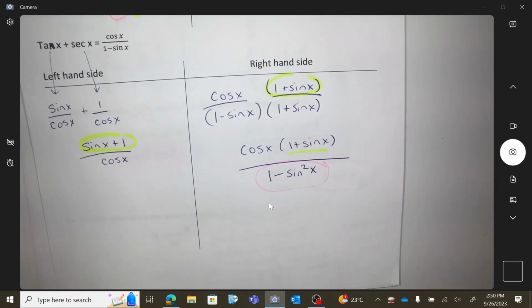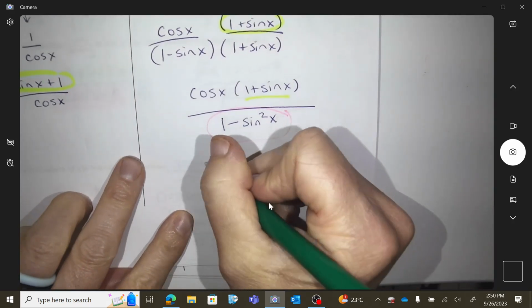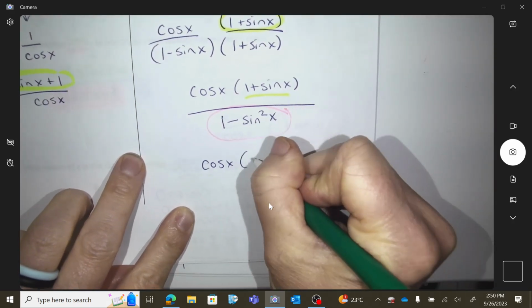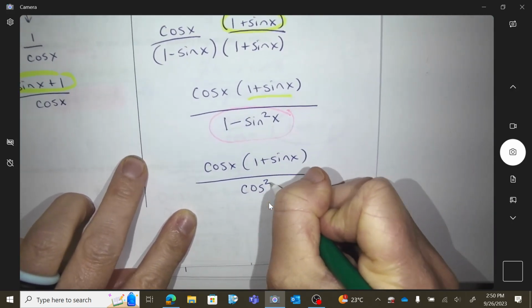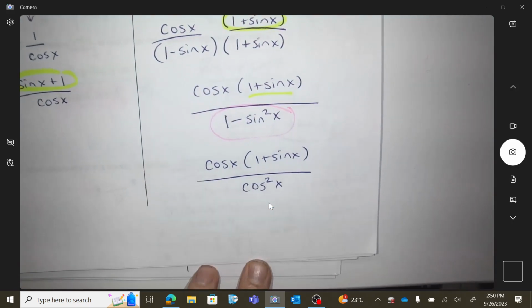Here, substitution formula sheet. I recognize it from the top corner. 1 subtract sine squared. What is it replaceable with on your formula sheet? Cos squared. So I'm rewriting the top, and then I'm going to replace with my formula sheet.